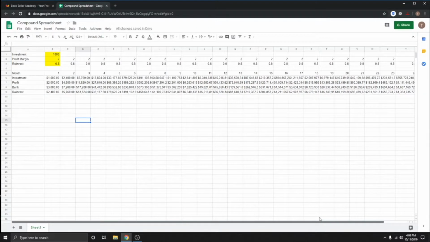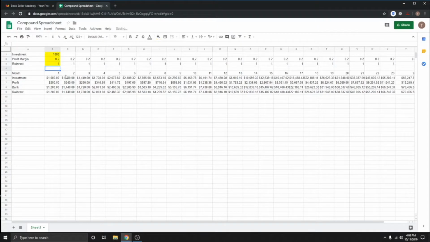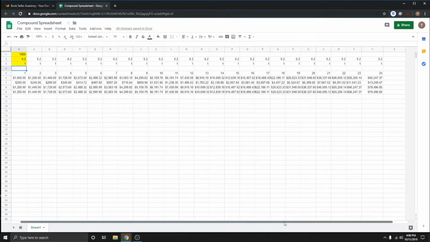let's go through some real life scenarios here, and let's not even talk about books. Let's still be conservative, and let's see if we're gonna do maybe a 20. Let's go back to 20% profit margin, and let's reinvest 100% of the business back in. Okay.